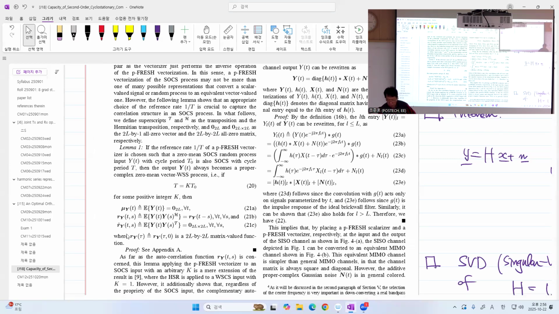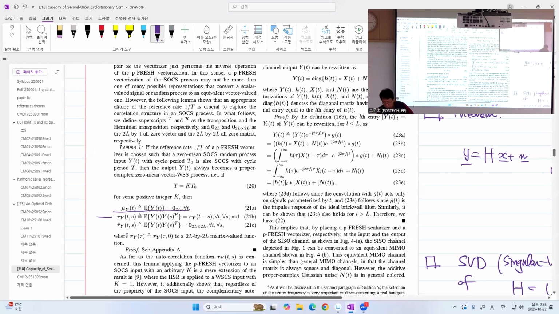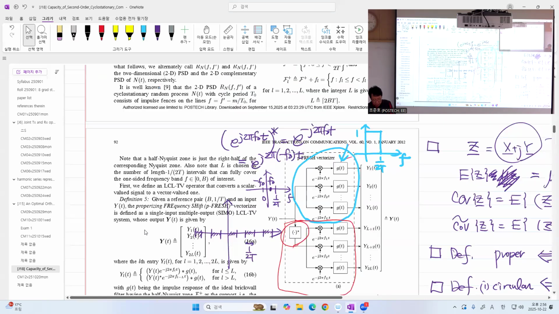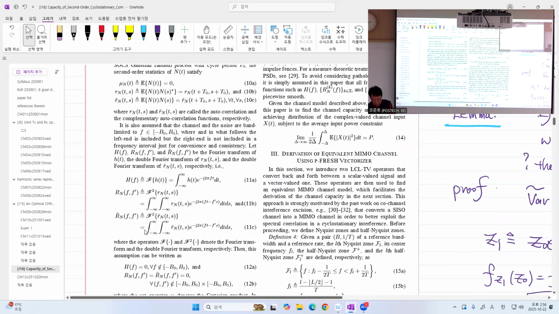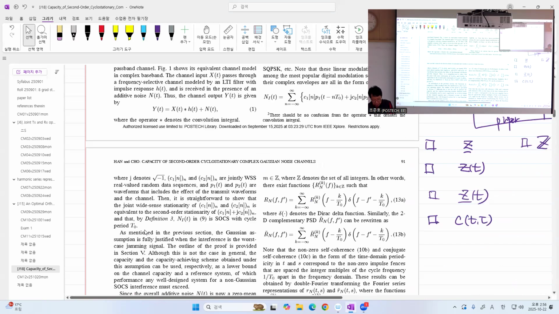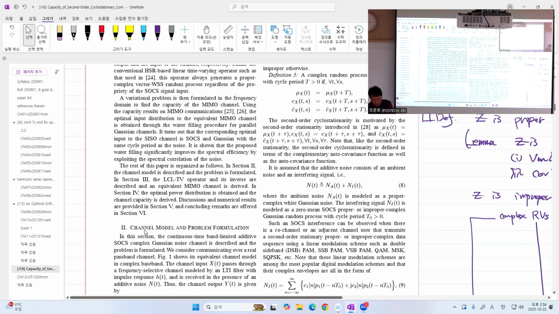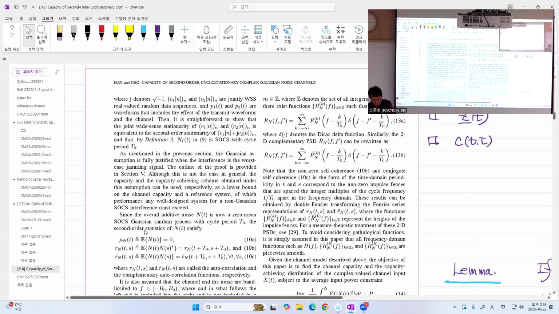Okay, so we assume zero mean, and this one means wide-sense stationary, and this means proper. Ready? So the theorem, the lemma, no, not this lemma. Sorry about that, not this lemma yet. Okay, where is the lemma? Where is the lemma?